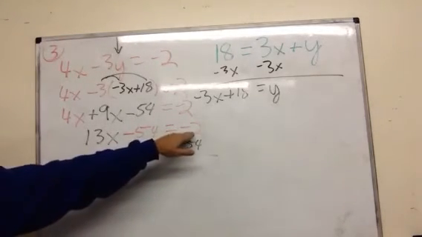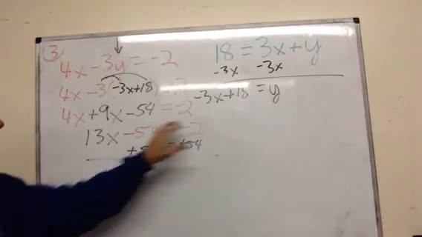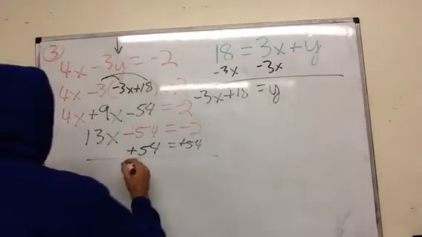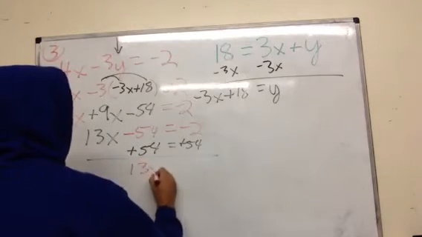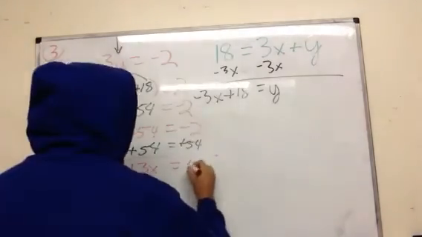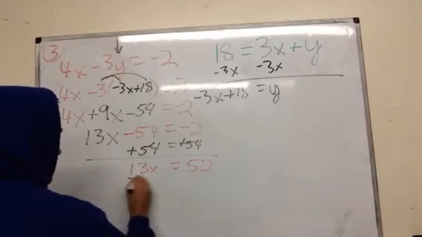That's why we did not add 2 to both sides. We're trying to get our numbers on that side to get this 13x by itself. Now we end up with 13x, and negative 2 plus 54 is 52. Last step to find what x equals, divide by 13.